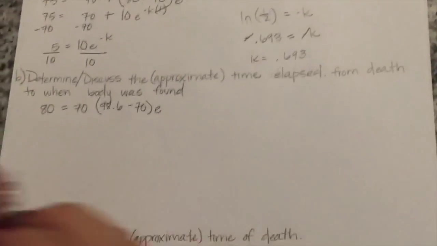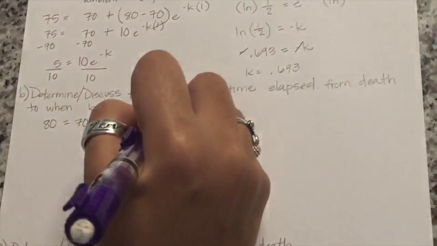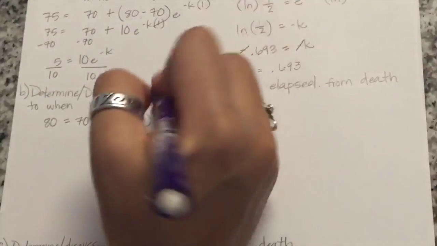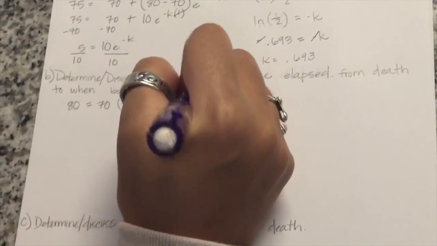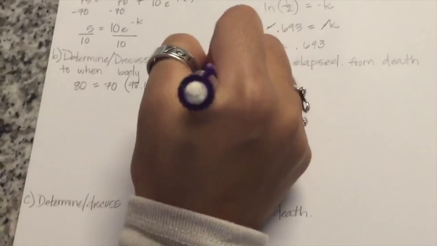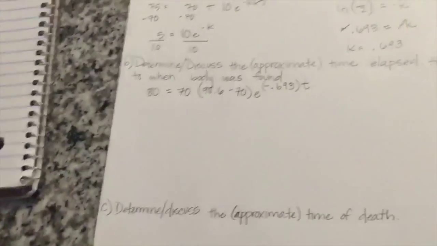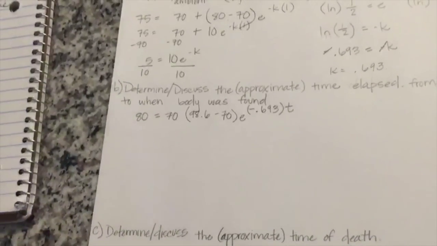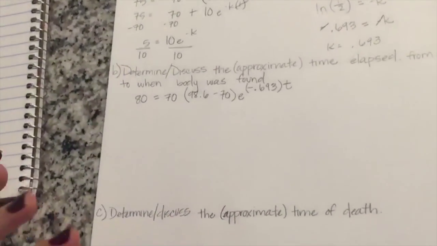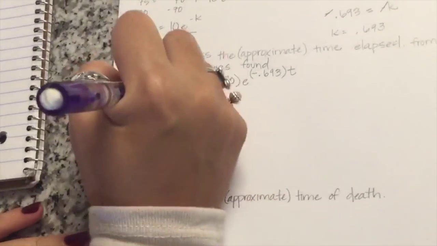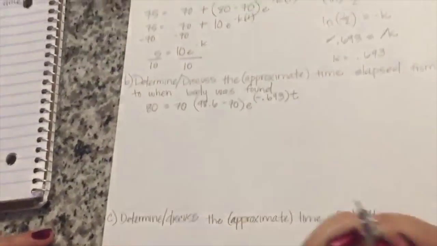Since we now know the value of negative K, it's going to be negative 0.693, and we're going to leave T as a variable because that is what we're figuring out. So we want to isolate T. Now let's do our subtraction in the parentheses.